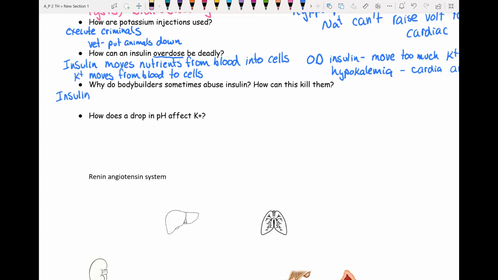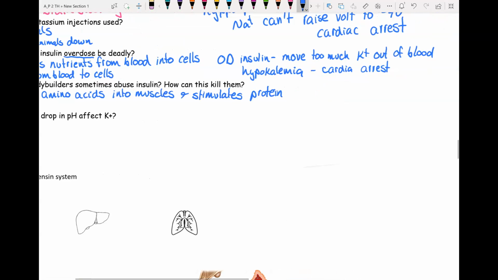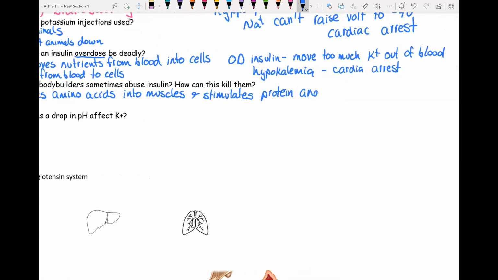So just look back to chapter 17 for that. This makes muscles bigger and stronger.